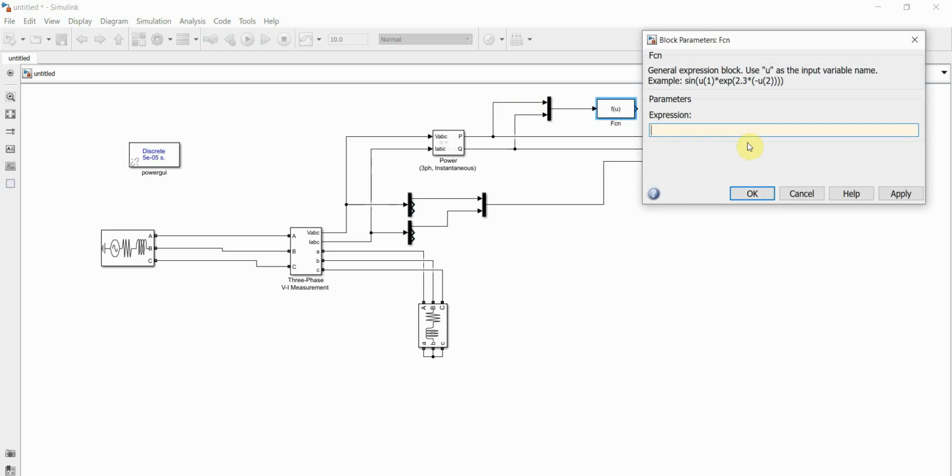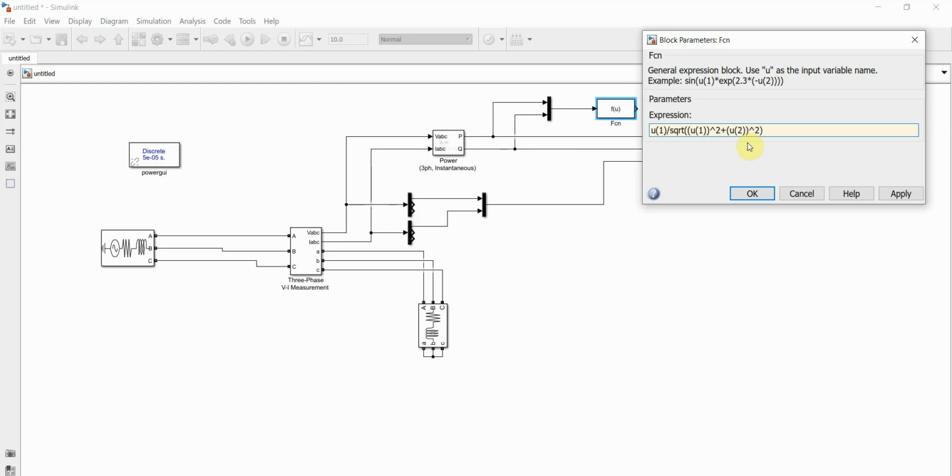Here what we will do is u(1) divided by SQRT of u(1) to the power 2 plus u(2) to the power 2, close the bracket.